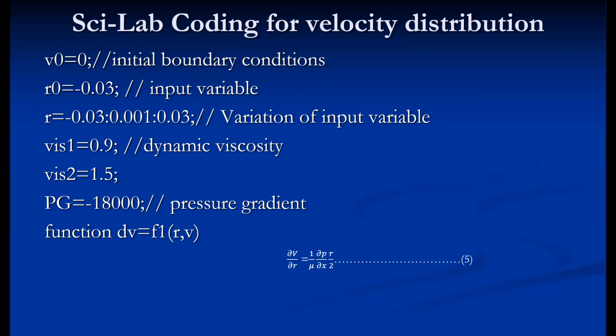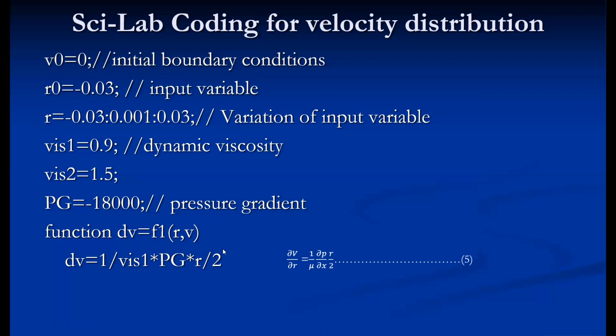The function that we require to solve is the derivative of v, which is a function of r and v. Then we write the differential form equation on the basis of the equation we already derived initially. That equation is dv by dr. The same equation we write: on the right hand side, 1 upon viscosity into pressure gradient into r by 2. So this is the differential form equation that we have written.